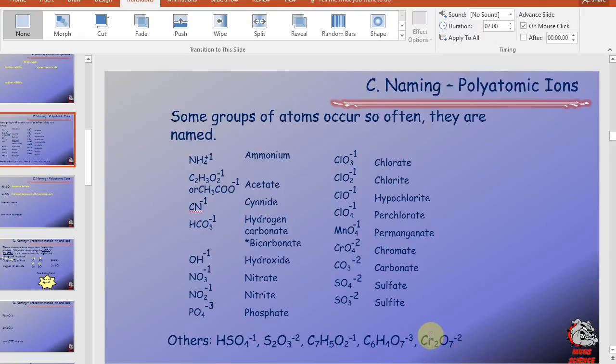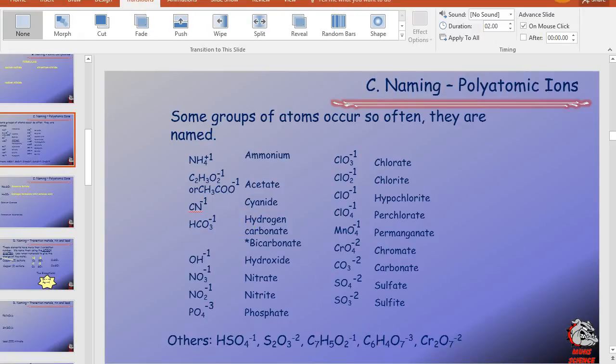And Cr2O7 is dichromate. You've got a chromate on your list, CrO4. Dichromate is Cr2O7. Different charges on here, just ones that occur somewhat often to give some differences in the problems that we're working, but I'm not going to have you memorize these because they don't occur that often in most of the work we do.